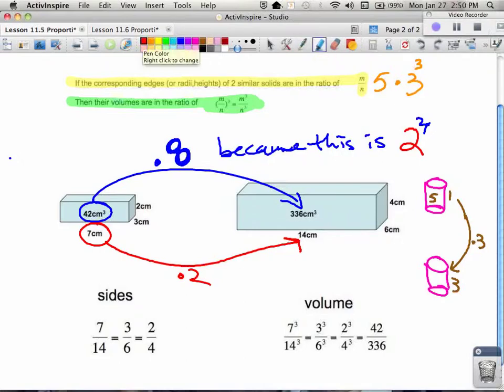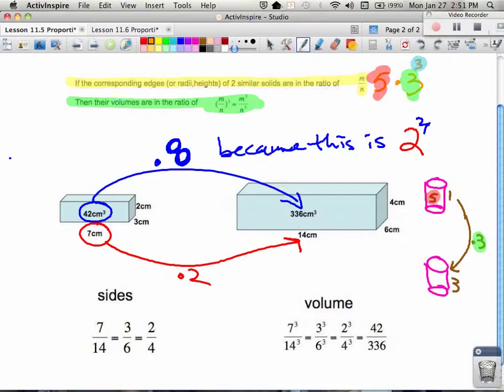First of all, the 5 in red highlight is the volume of that first cylinder. Second, the 3 is the side ratio. And lastly, the cube is because I'm working with volumes. So I have to use that side ratio 3 times. Or in other words, multiply 3 to the 3rd power.